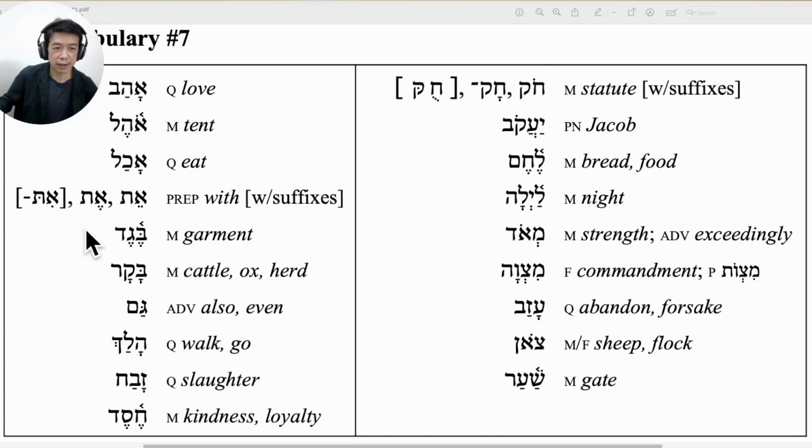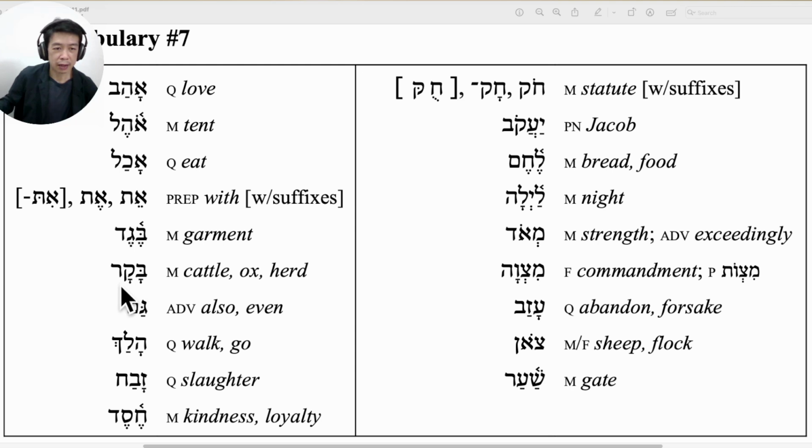The next word is garment, beged. The next word is cattle, ox, or herd, bakar.